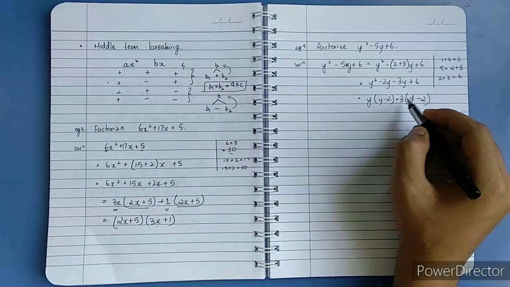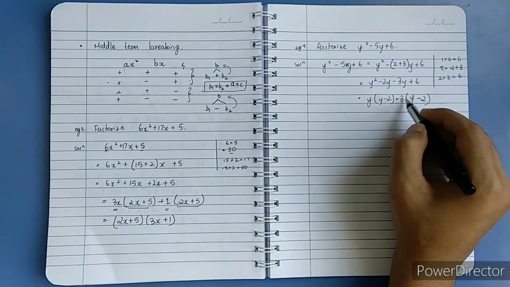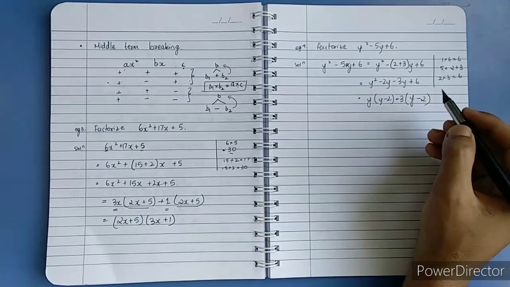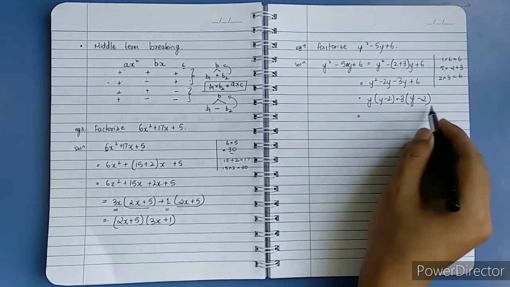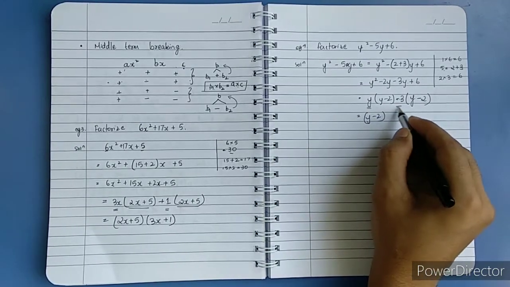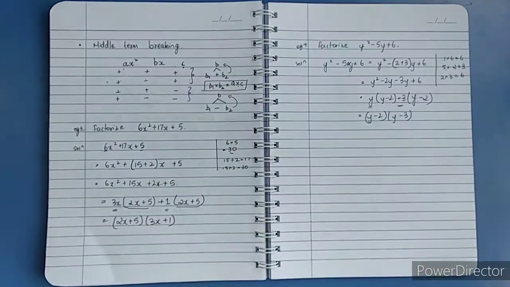How do we check this? You can multiply this back and see if it comes back or not. Minus 3 into y is minus 3y, and minus 3 into minus 2 becomes plus 6. So from this, y minus 2 comes common. What is left is y minus 3. So this is our factorization.